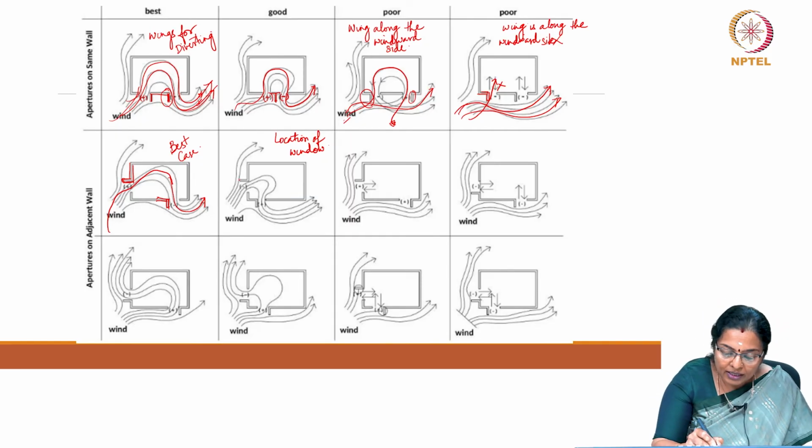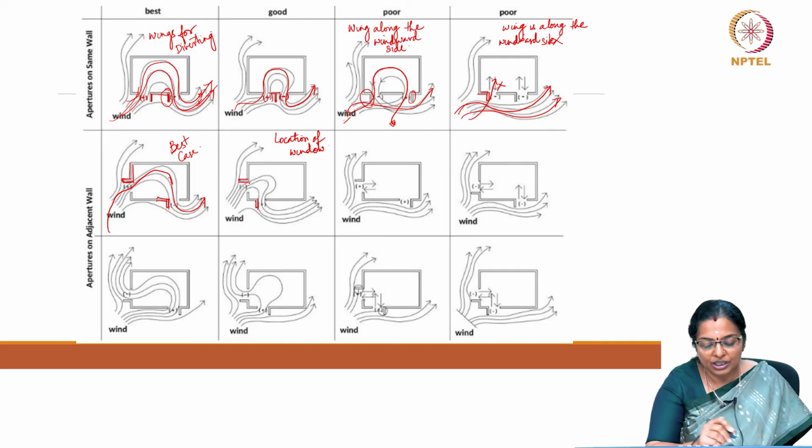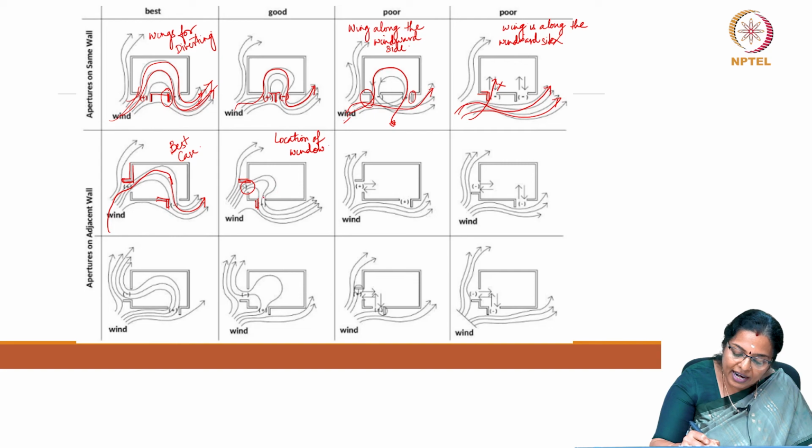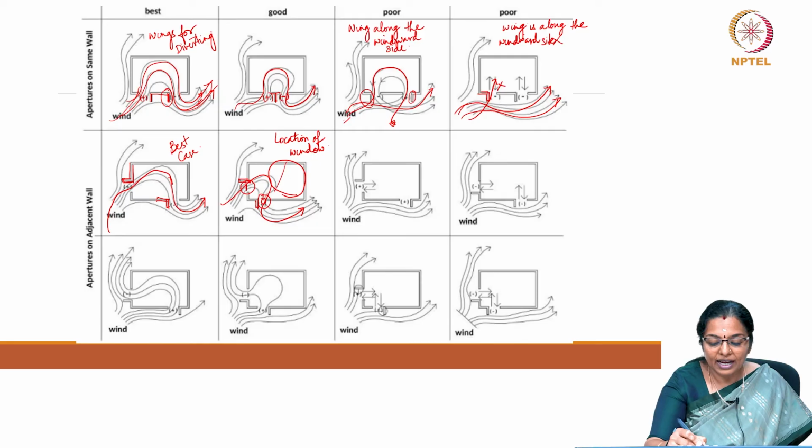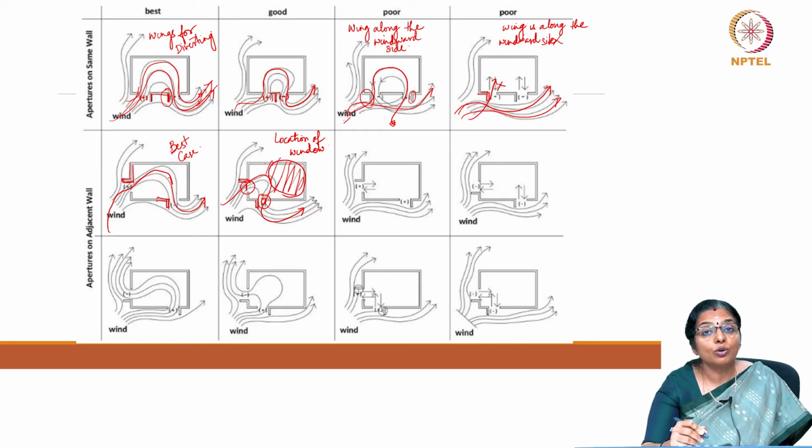If you see here, the wing of the inlet and the wing of the outlet are placed close to each other. So, if the inlet and the outlet are placed close to each other, then ventilation will happen, but a larger part of the room will not have the effect of ventilation. They will not be able to reap the benefit of that ventilation.